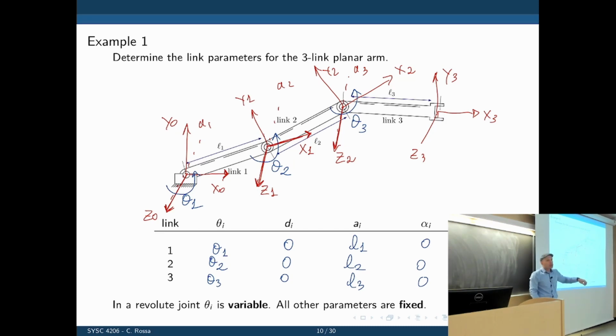If these were translational or prismatic joints, what would change? Either d or a, depending on how they translate. It would be d1 plus the extension of that element.